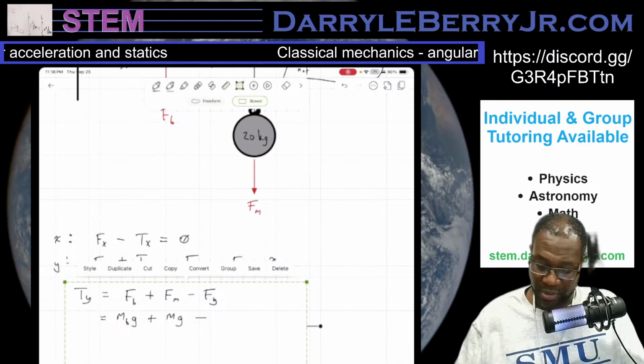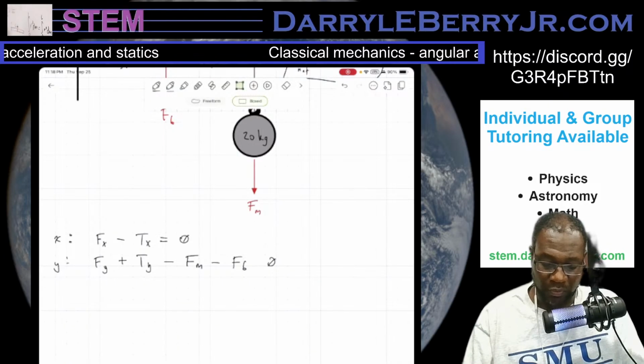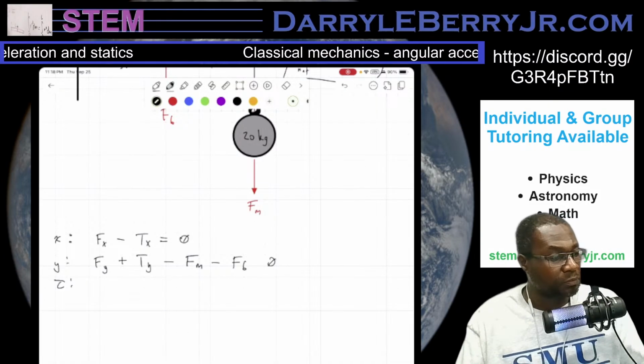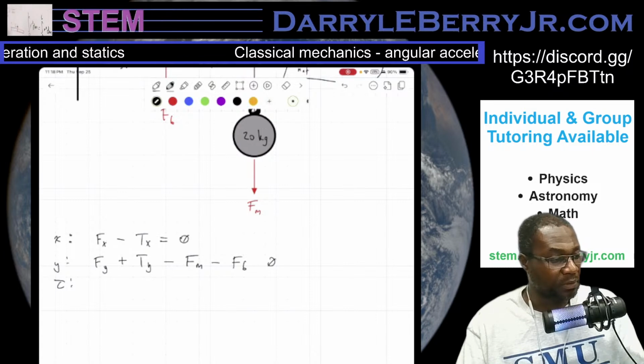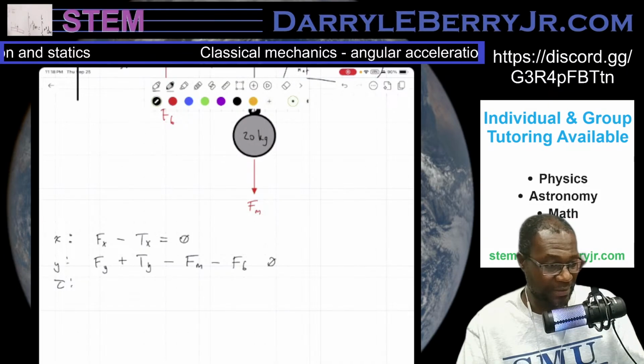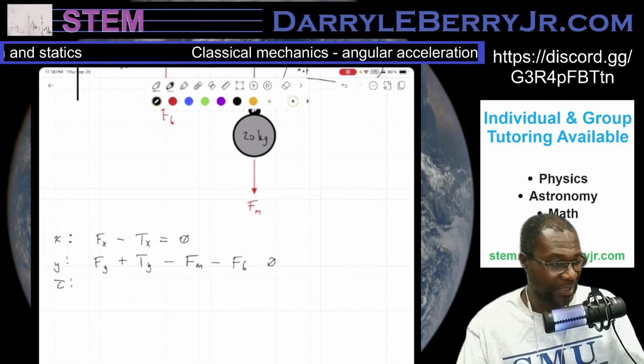Let's back up one more time. We have to get the torque equation. So basically I have all of these linear forces. The mass is pulling down directly straight.